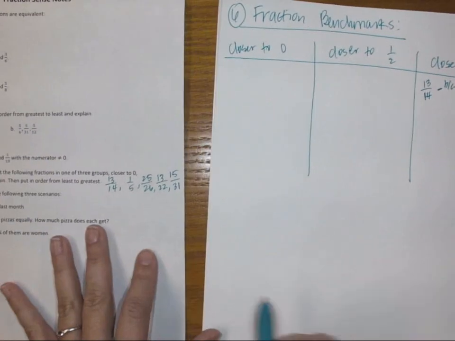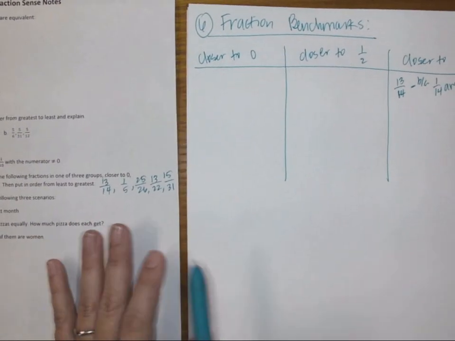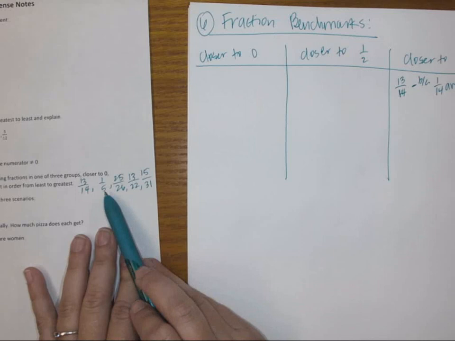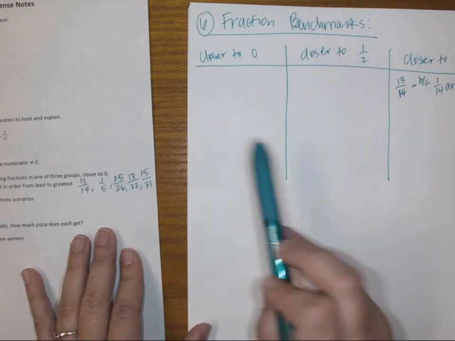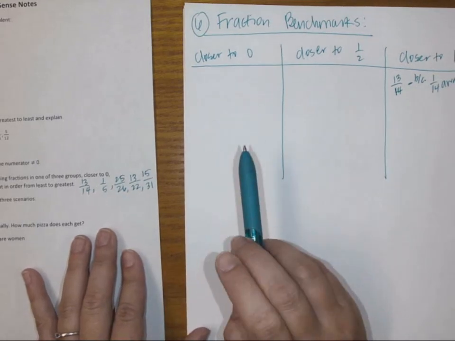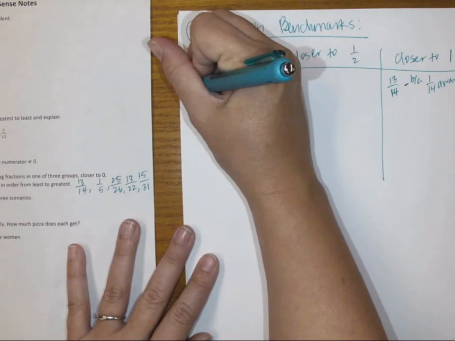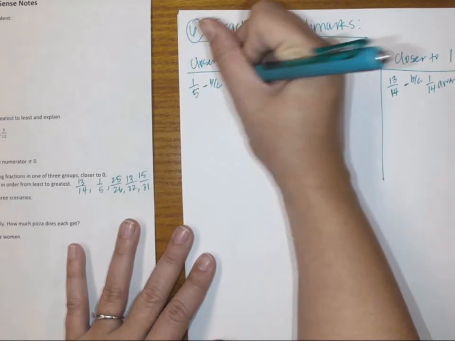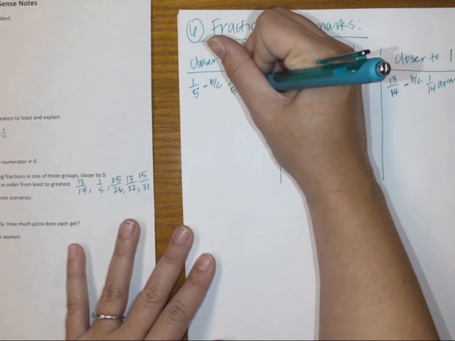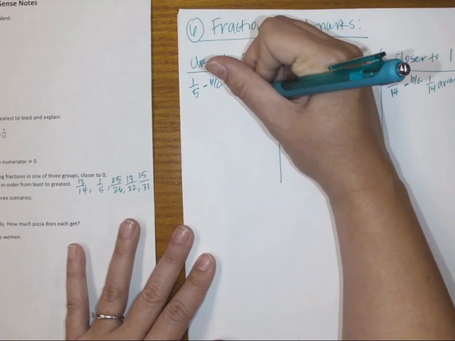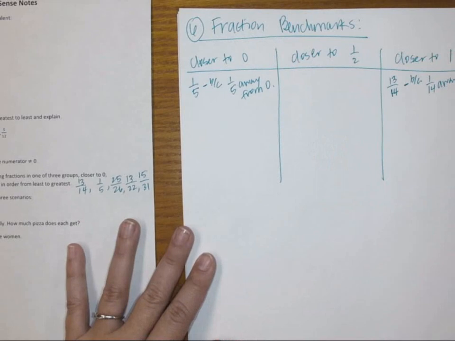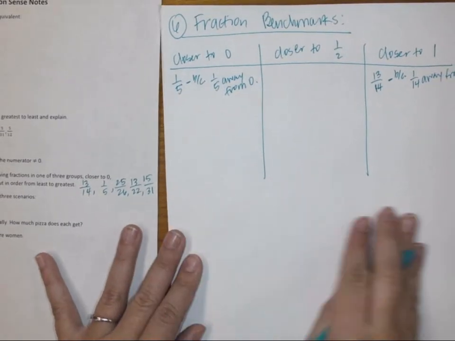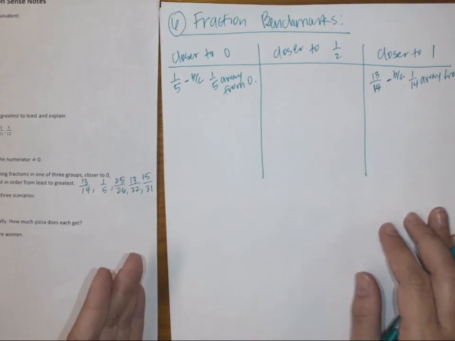Next fraction, 1/5. Well, 5 parts make a whole and only 1 part is shaded, so that would be the opposite. That would be closer to 0, because I only have 1 out of 5 shaded. My reasoning here is because it is 1/5 away from 0. By putting them in categories, I'm kind of already putting them in order from least to greatest.